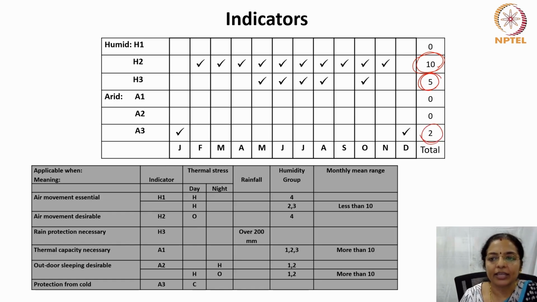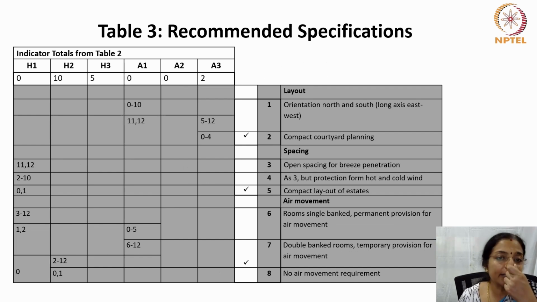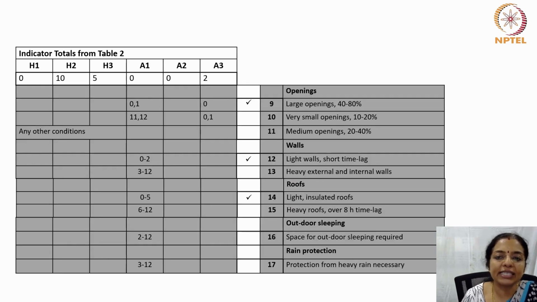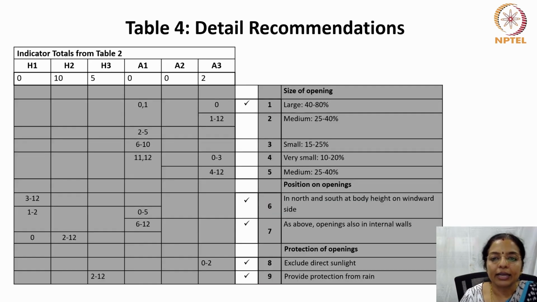So based on this, the recommended specification is that we should have compact courtyard planning, compact layout of estates, double banked rooms with temporary provision for air movement, and large openings. The walls must be light walls with short time lag, the roof should be light insulated roof, and the opening size should be large.